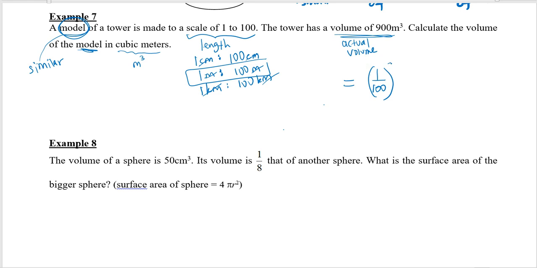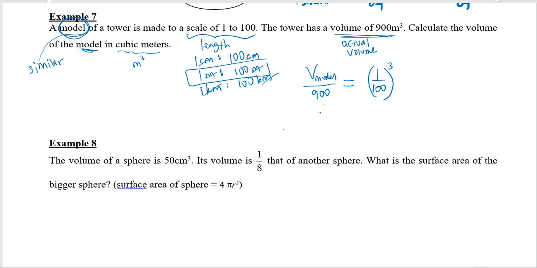With a cube. And because they are similar volumes, I can put V model, the smaller volume, over 900 equal to 1 over 100, whole thing cubed.